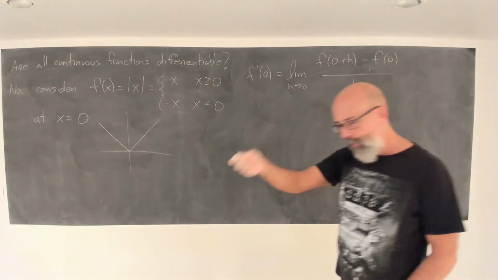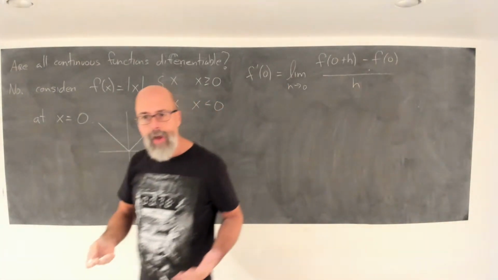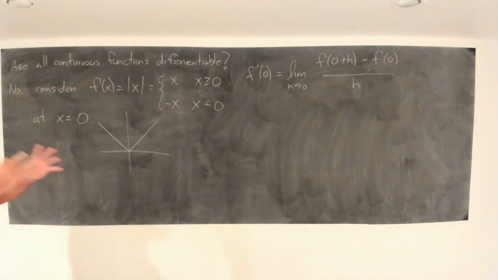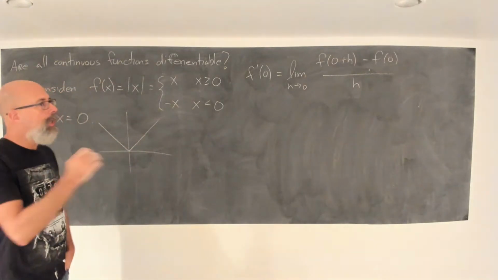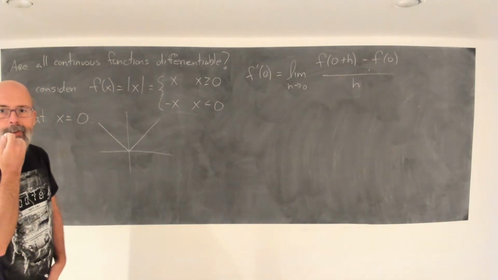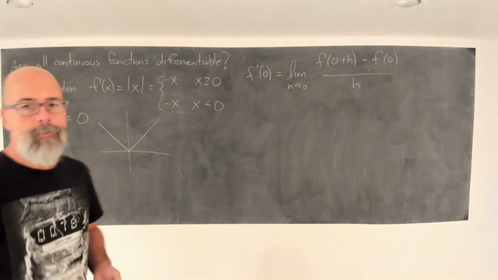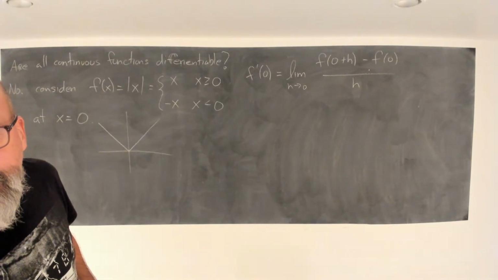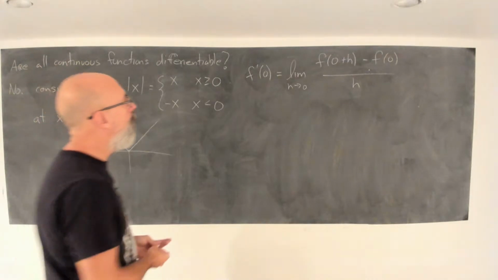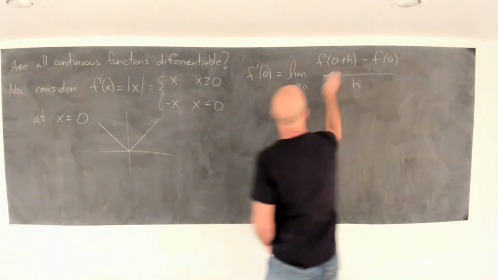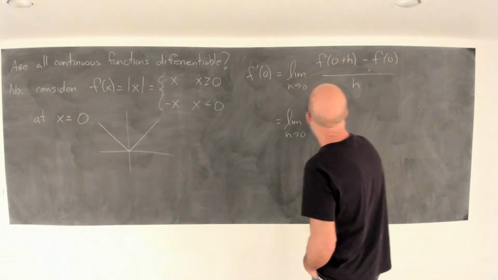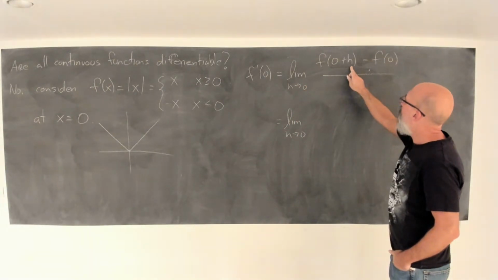I mean, we're used to doing it for any value of x, but if you plug in certain values of x, you're going to get the slope of the tangent line at that point. So if you plug in now, what is f of h?